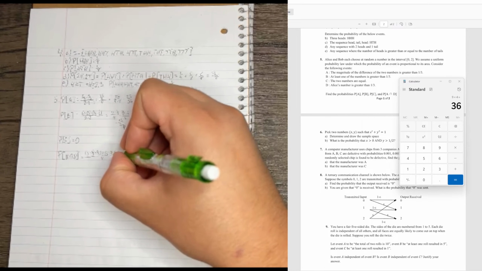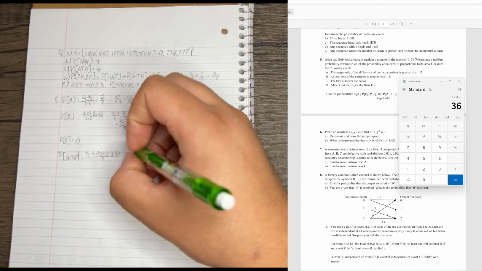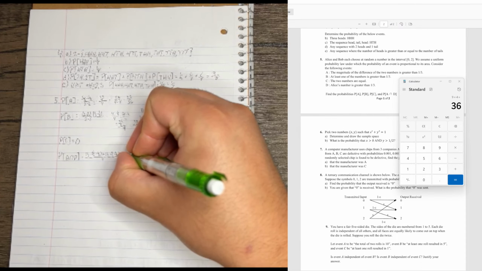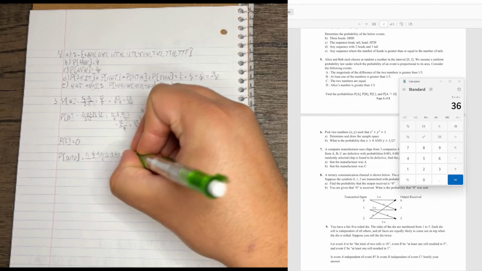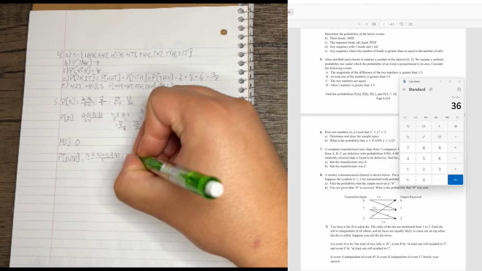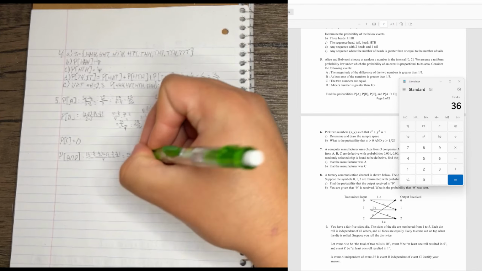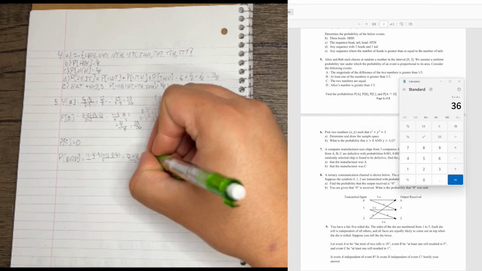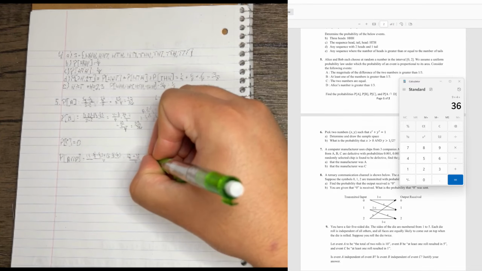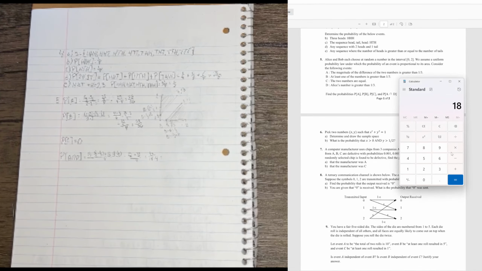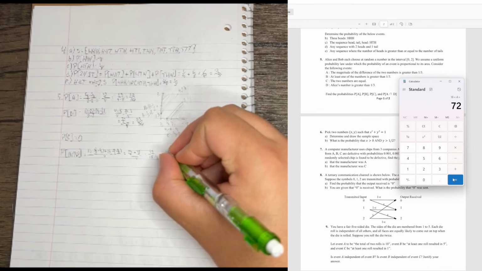So let's see how close we can get to this. 25/18 plus 20/18 all over 4, which is equal to 45/18 times 4, which is equal to, what is 18 times 4? 72. 45/72.